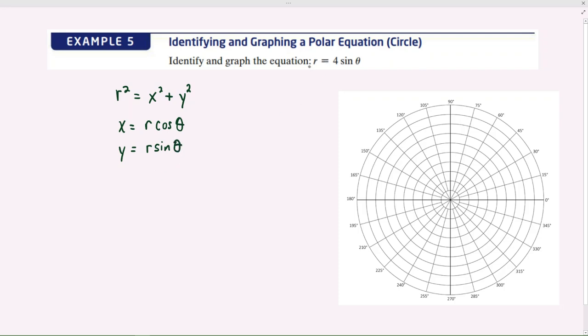And so we need to figure out how to tap into these in order to change this. So if I multiply both sides by r, then I get an r squared, and on the right hand side, I would get 4r sine theta.